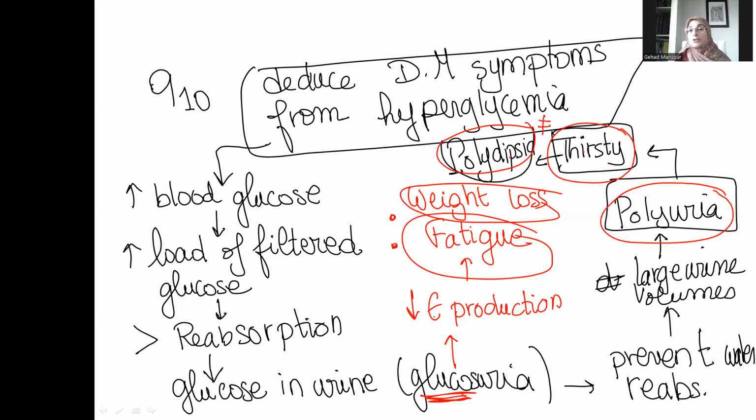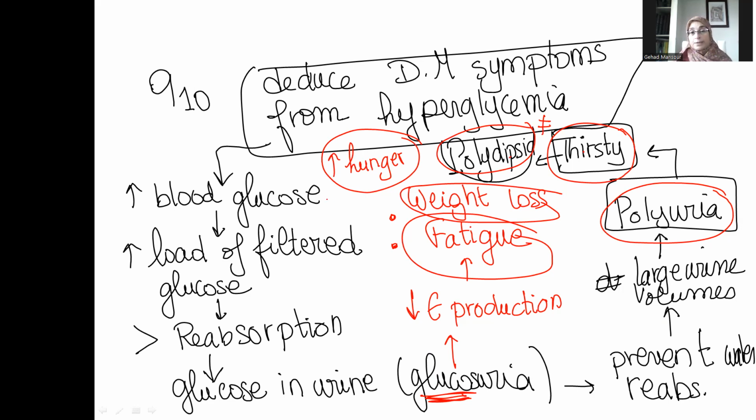Since the patient is not benefiting from the glucose he or she is eating, then there will be excessive hunger. And from there comes the famous paradox of diabetes mellitus, that the patient eats a lot and always feels hungry because he is losing glucose, a source of energy, in urine, and meanwhile he is not gaining weight, he is losing weight despite this excessive hunger.